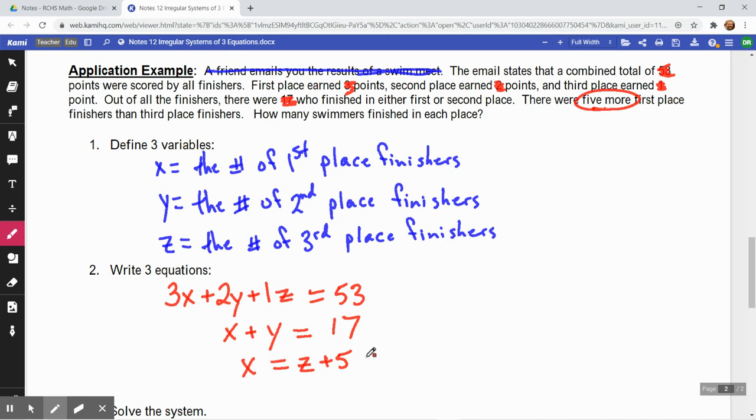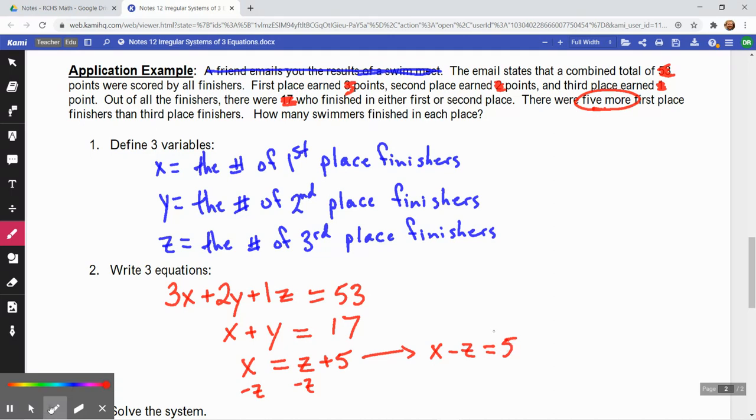So I'm going to rewrite this last equation by subtracting Z on both sides. We can set up this equation like the other ones, where the variables are on the left side and our constant values are on the right. So we have, in this scenario, X minus Z equals 5.